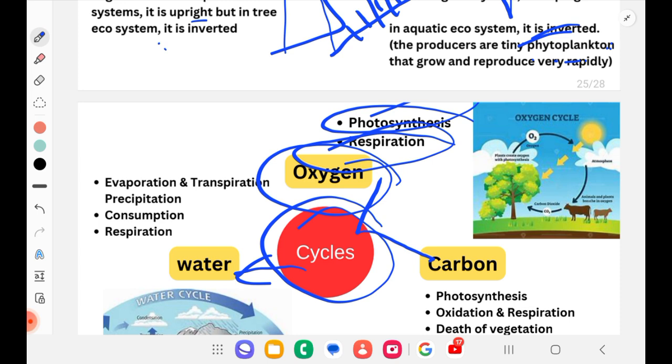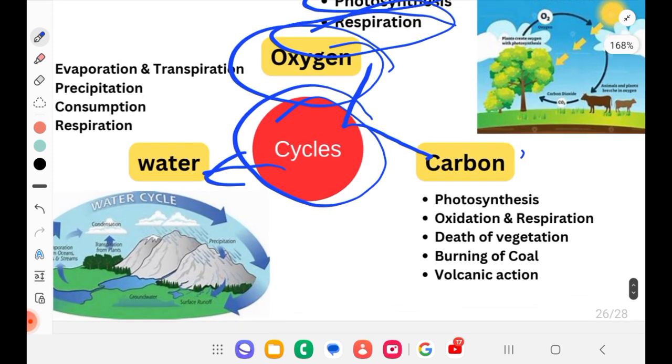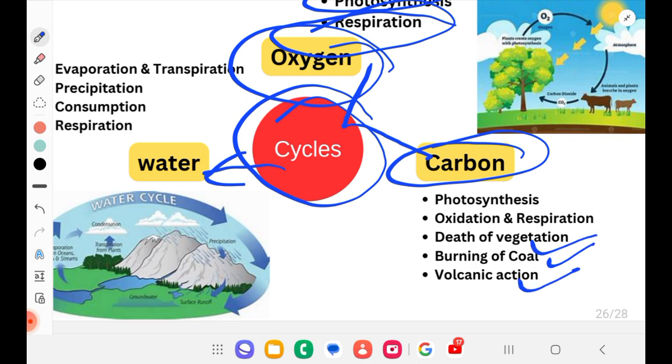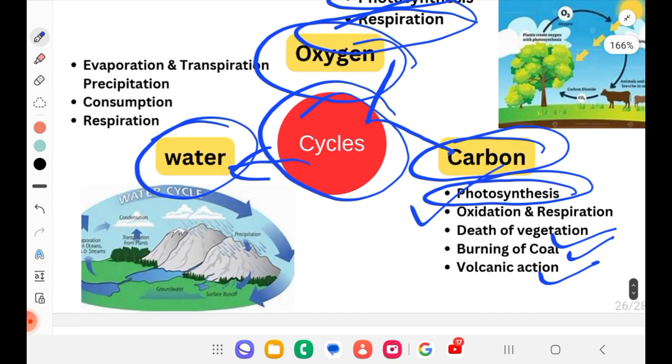Then if you take carbon dioxide, it is released during burning of coal, volcanic action, death of vegetation, etc. It is consumed during photosynthesis, right? Then if you see water cycle, so evaporation. Transpiration is from plants, okay? Evaporation is directly from the water bodies.